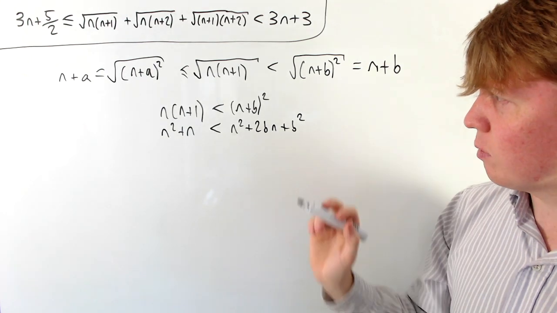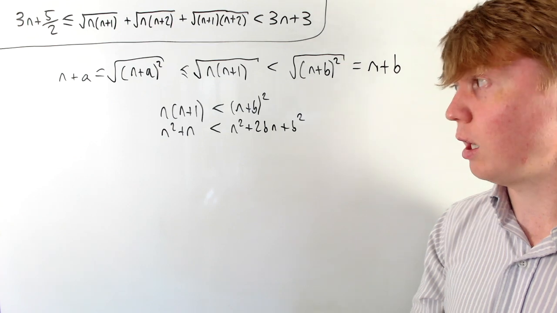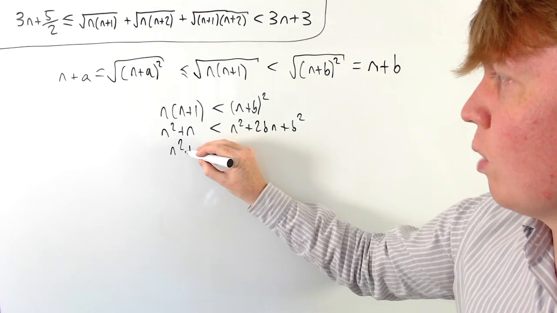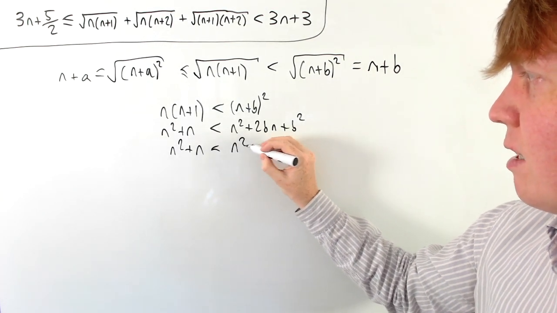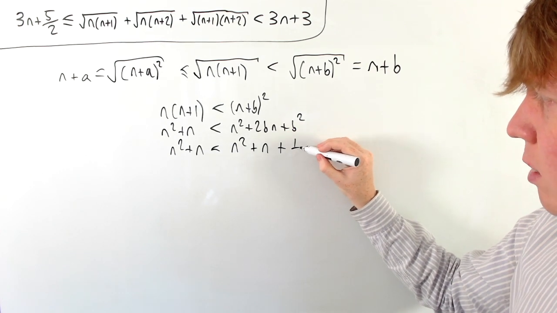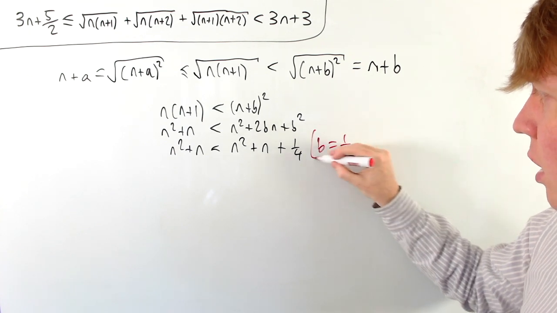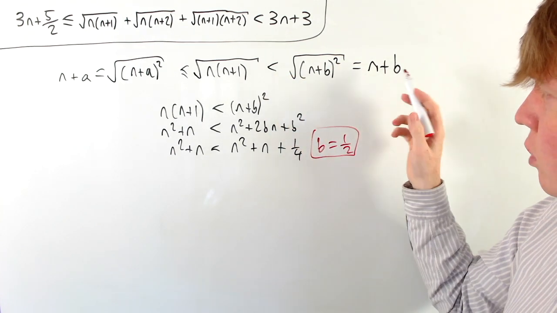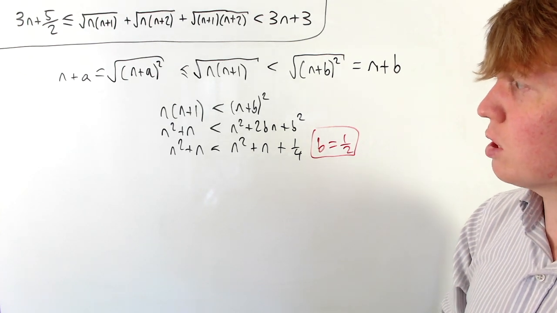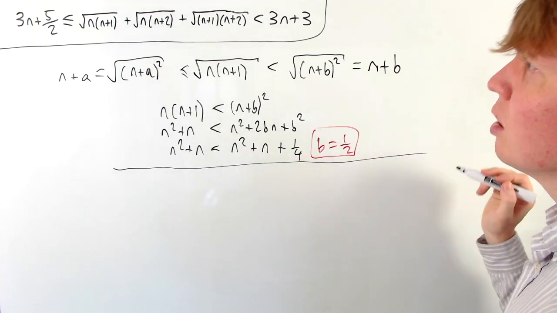So you can see that a nice value of b that this would definitely be true for would just be b equals a half, because then we'd have n squared + n is indeed less than n squared + n + a quarter. So this inequality is definitely true for b equals a half, so we'll stick with that and see if that's good enough for the rest of our calculations.